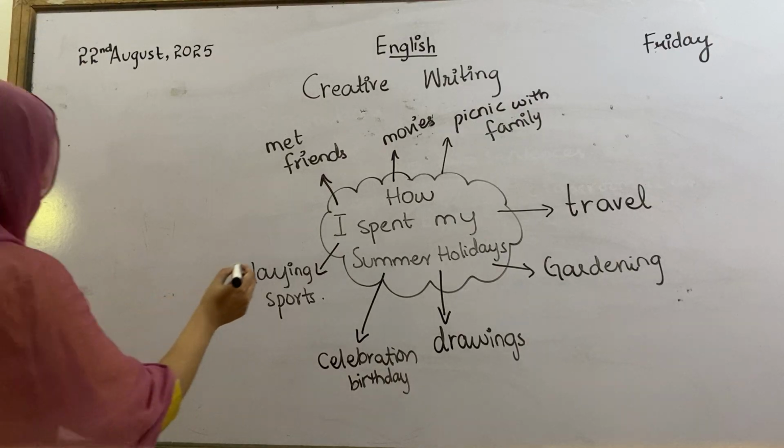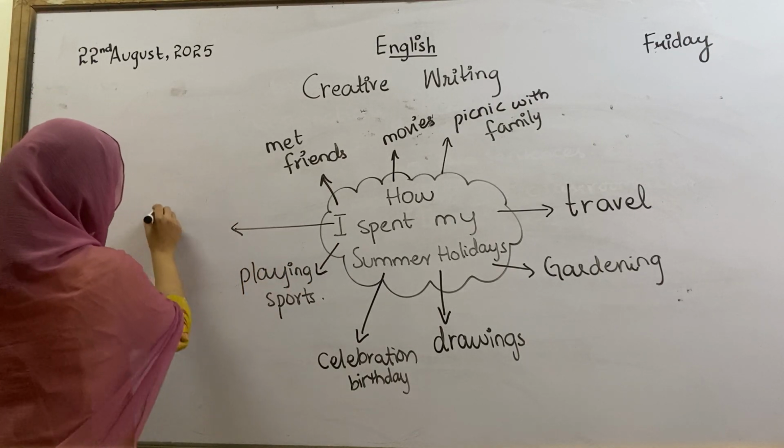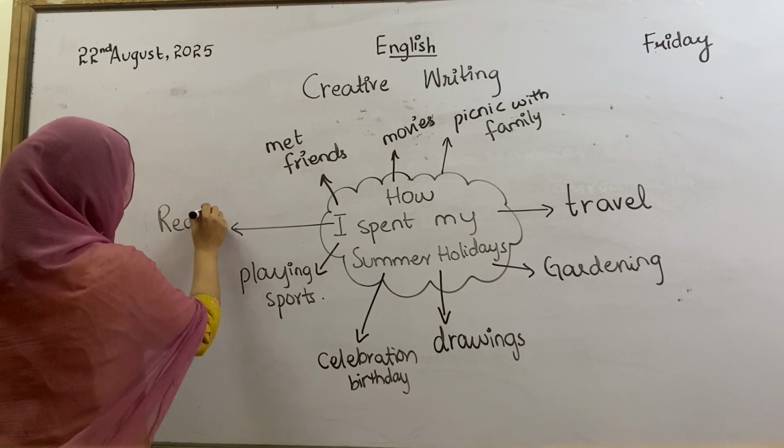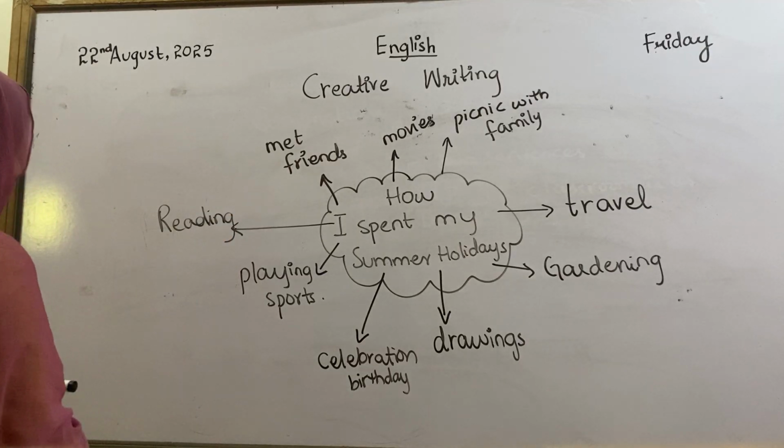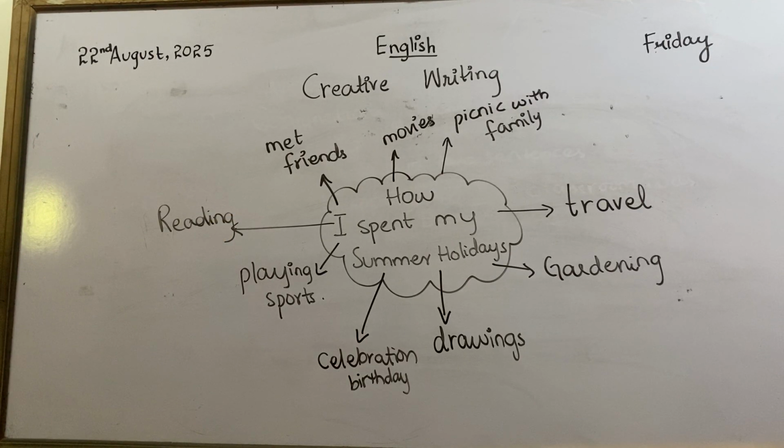Who has tried to read extra books? Because reading is a very important part of our learning. Reading just broadens our mindset, our mentality, and it gives a new form to us. Okay, it helps us in various ways. It just does wonders. So reading is a very important part of learning.